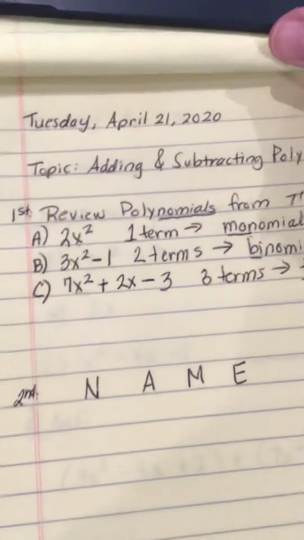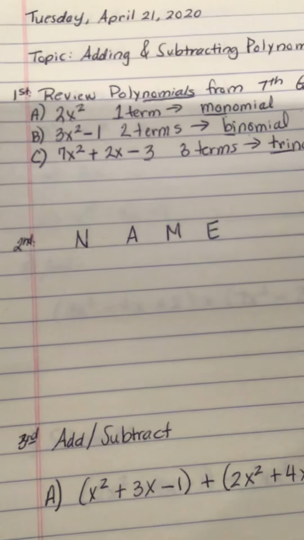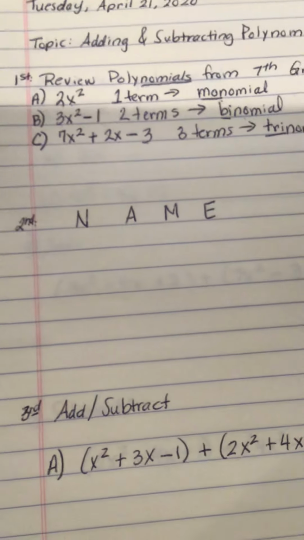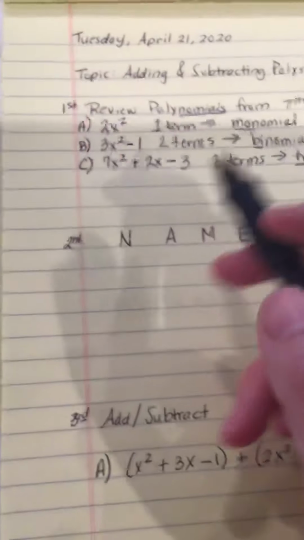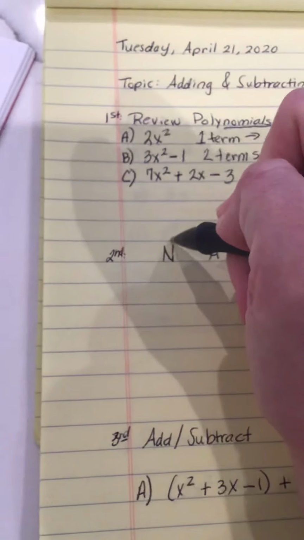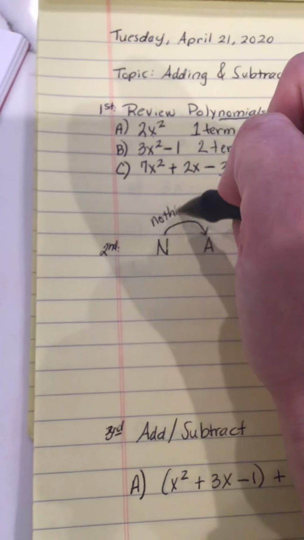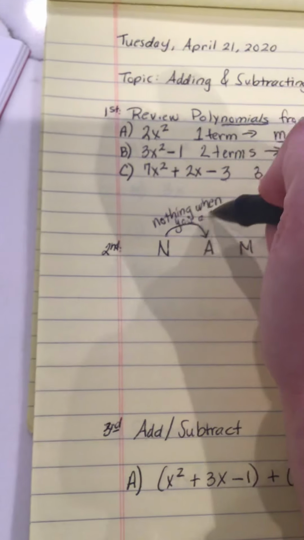Okay, so there's this acronym name. Now that I've gone through all of them, it will help you just remember what to do when you're adding, when you're multiplying, when you're exponentiating. So let's look at this acronym, NAME. If you're adding, you do nothing to the exponents. You don't change the exponents at all.